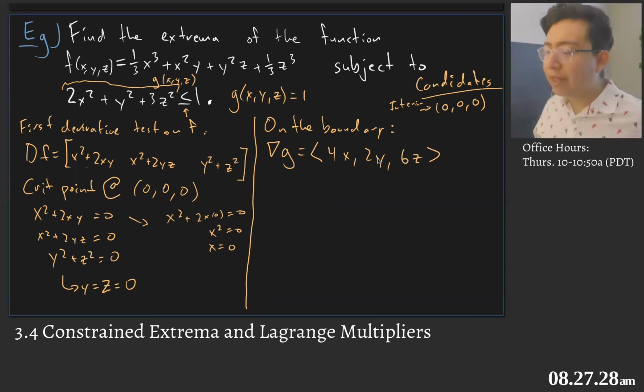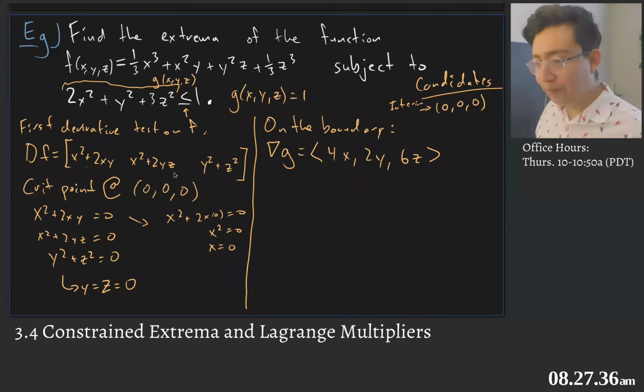And now the method of Lagrange multipliers says that we set this gradient, if we think of it as a vector instead of a matrix, equal to this times some lambda. So now I'm going to set that up. In this case, the first coordinate would give us x squared plus 2xy equals 4 lambda x.